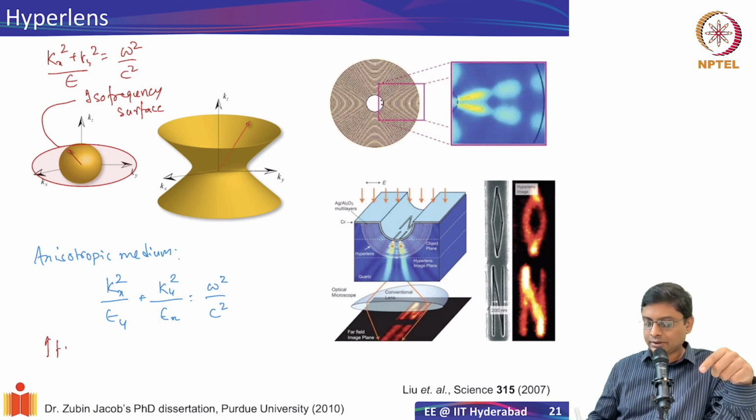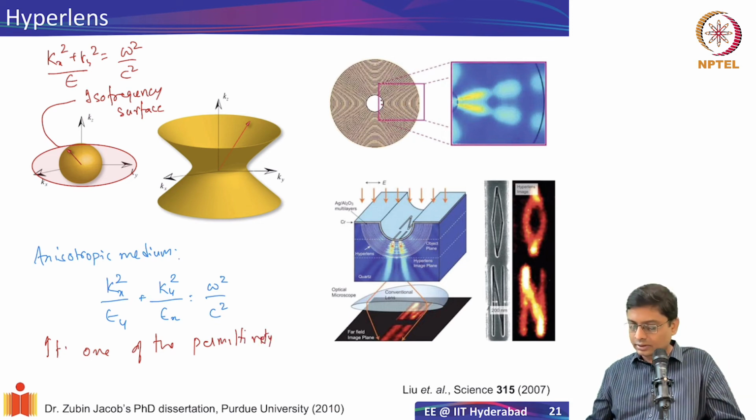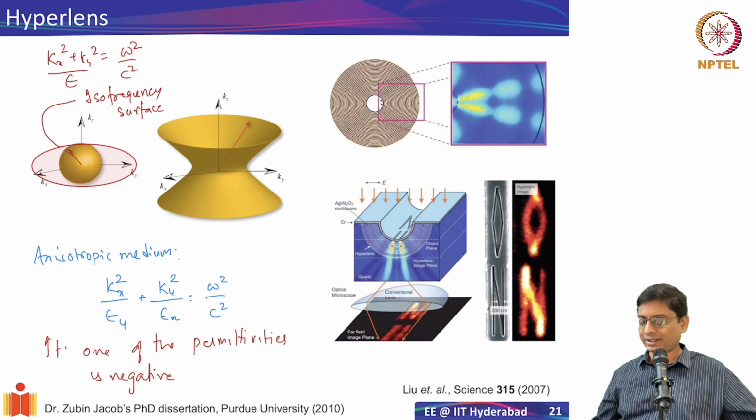If one of the permittivities is negative, we get what is known as a hyperbolic metamaterial, which implies hyperbolic dispersion.